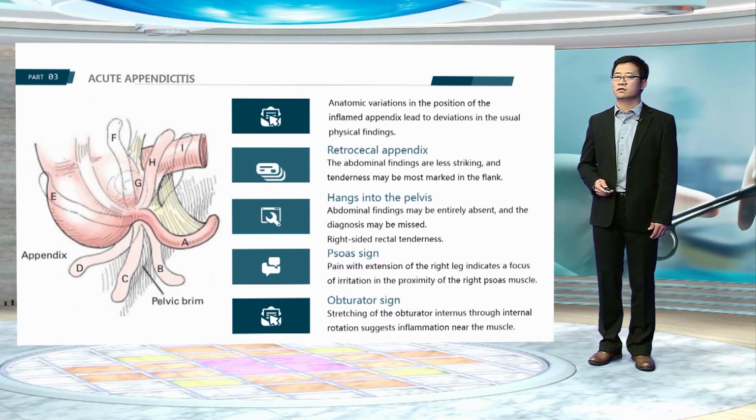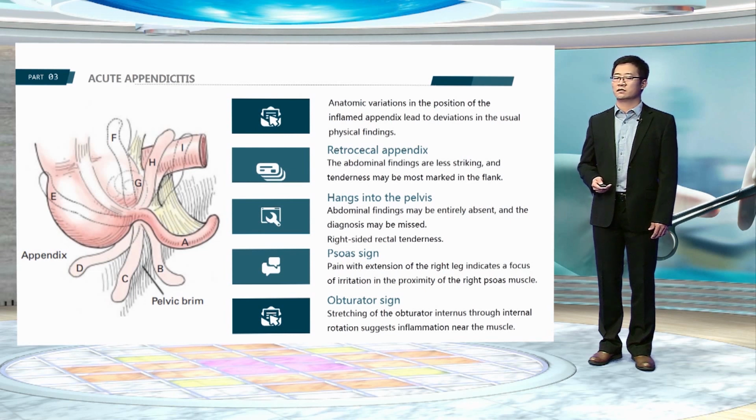For an appendix hanging into the pelvis, the pelvic appendix, the abdominal findings may be entirely absent, and the diagnosis may be missed. For some patients, right-sided rectal tenderness may appear.